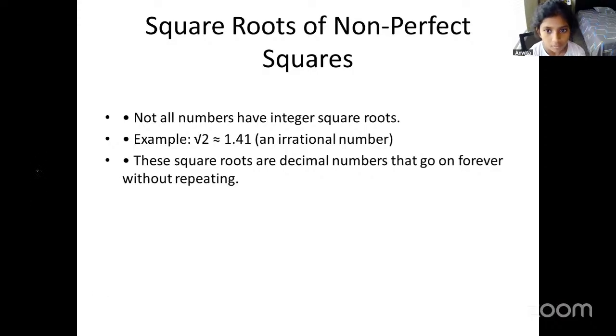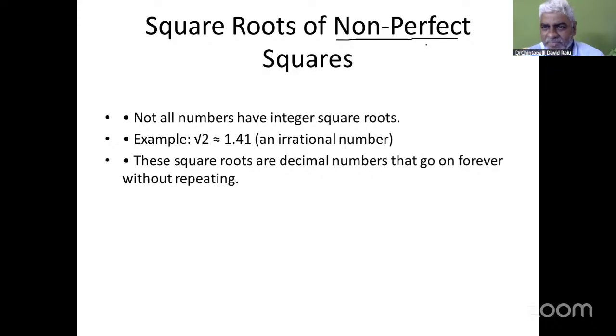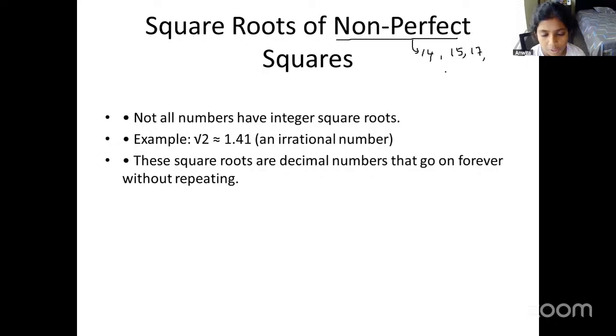13, sir. 14, right? 14 is not a perfect square, right? One more example. 15, sir. 15 is also not a perfect square. One more example. 17, sir. Next. 21, sir. Very good. And 13. Very good.